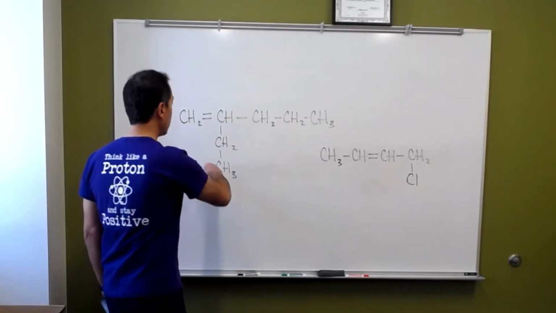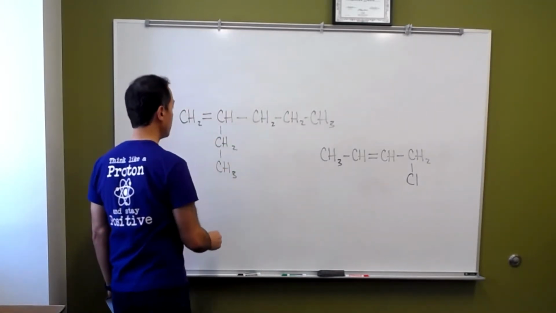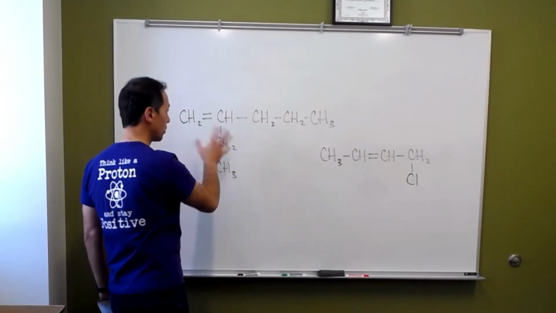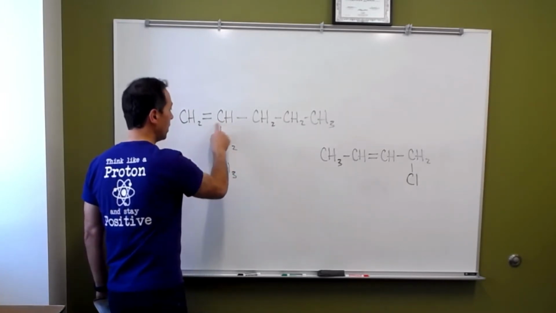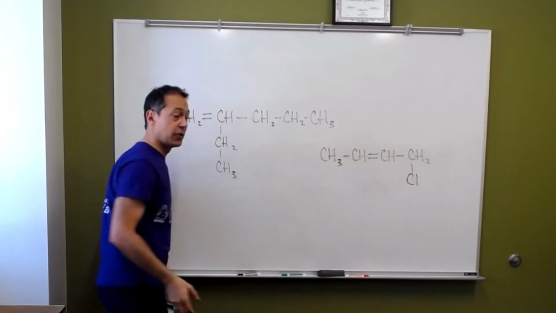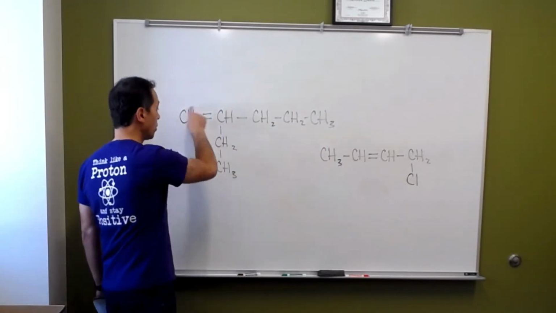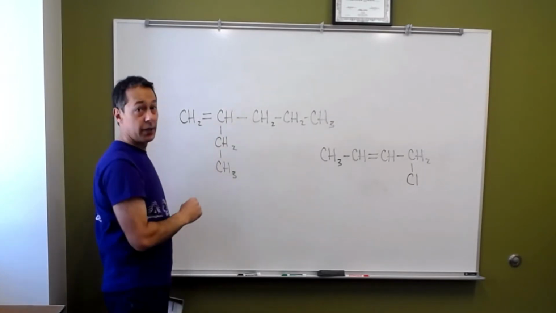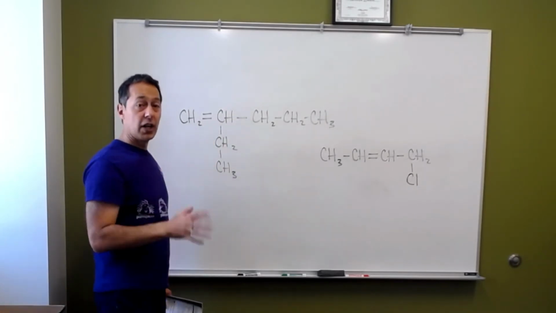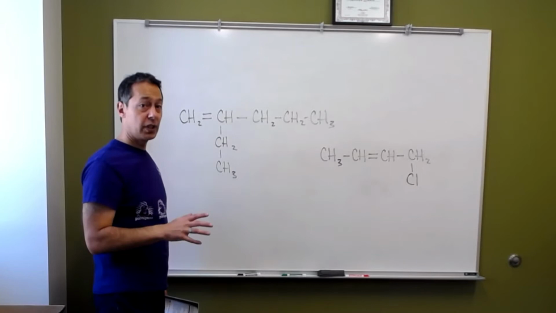So in this example here, we look for the longest carbon chain, and you might think, okay, the longest carbon chain is 1, 2, 3, 4, 5, 6 carbons. 6 carbons should be hexane, but we want to make sure to include the double bond. So we're looking for the longest carbon chain that includes the double bond.